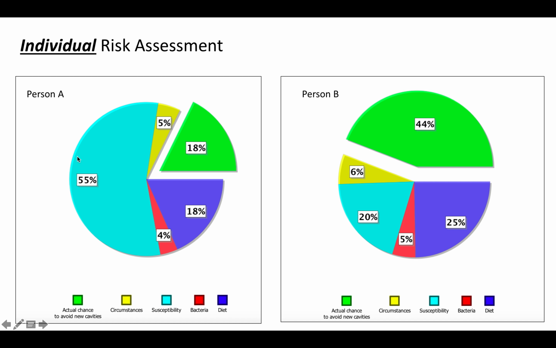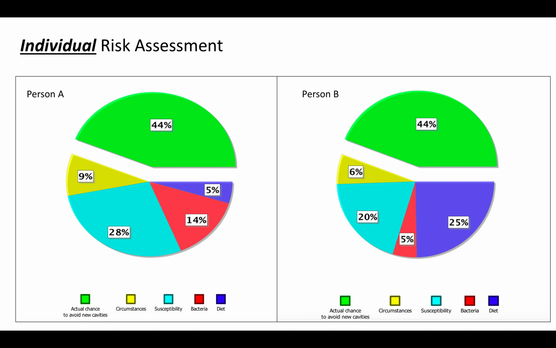So when you do a risk assessment, it's about developing an individual determination of not just a person's level of risk of developing disease, but also the different contributions that each of the risk factors make. So between two people, the contributions of the risk factors could contribute proportionally in a different way.